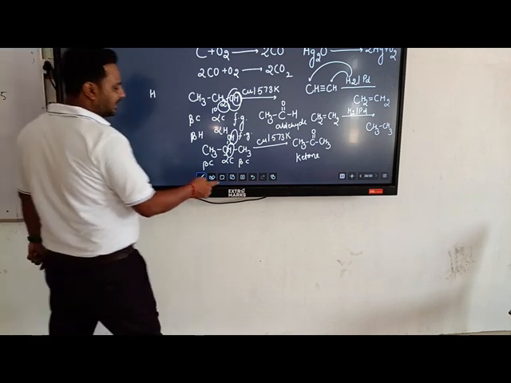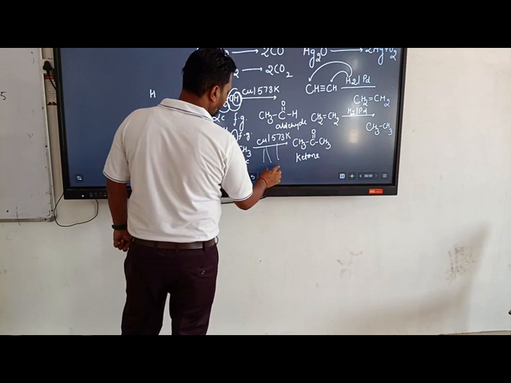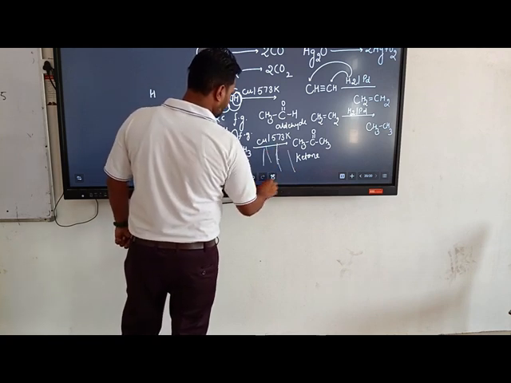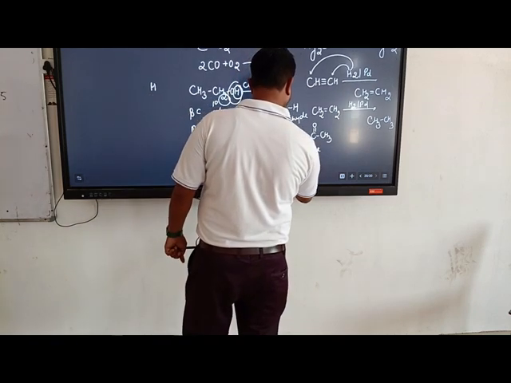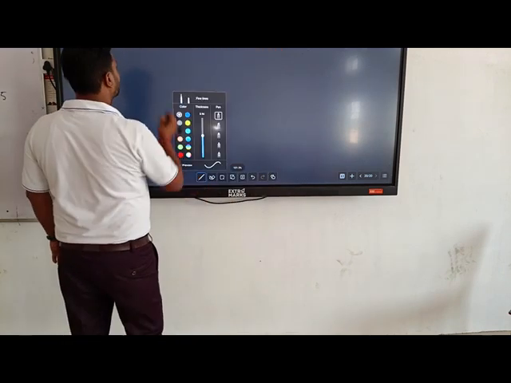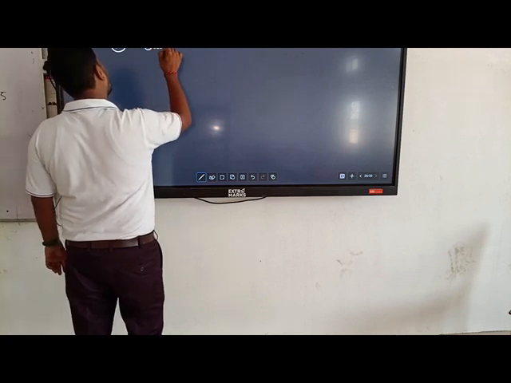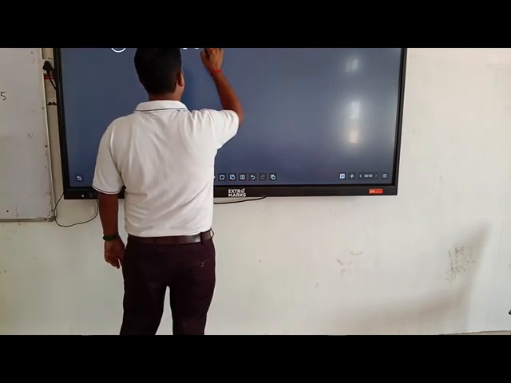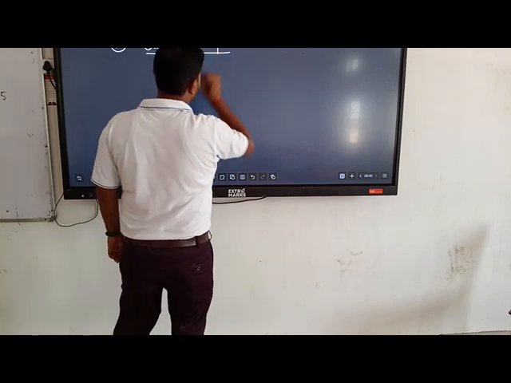Now moving towards the next concept. So it is the first concept. Now moving towards the second, which is the electronic concept. It means the whole redox reaction will be described on the basis of electron exchanges.